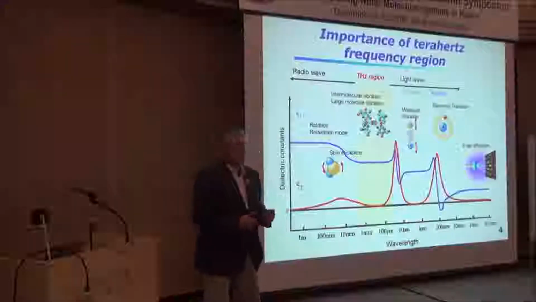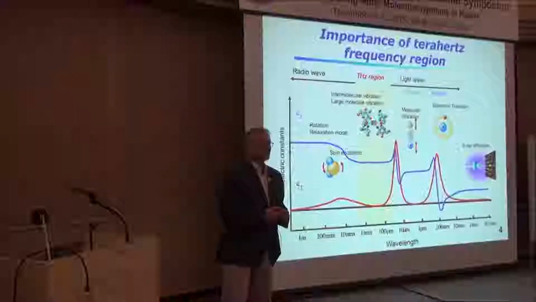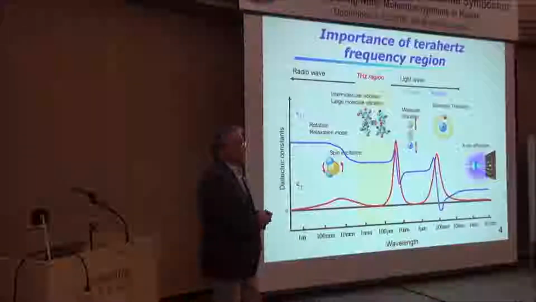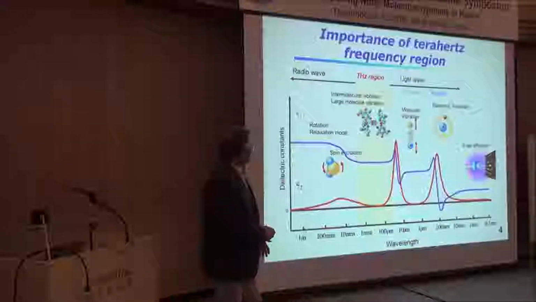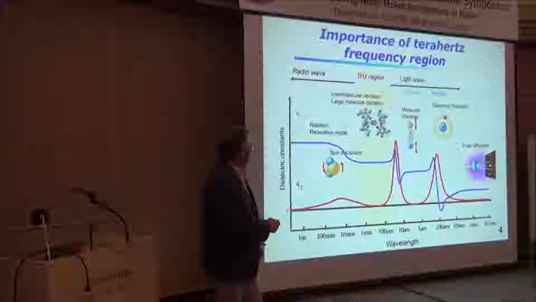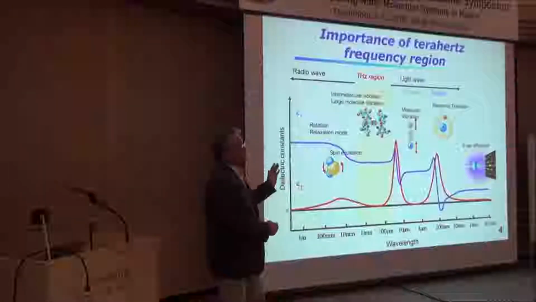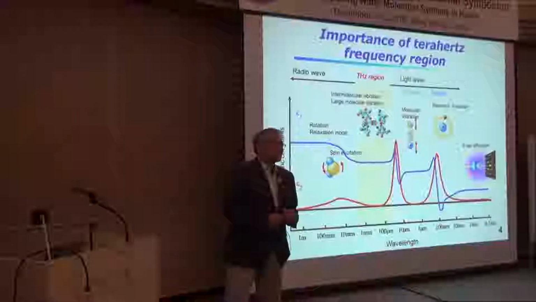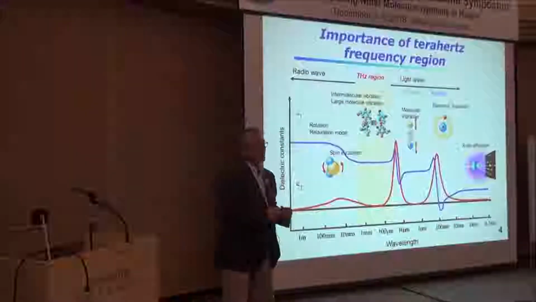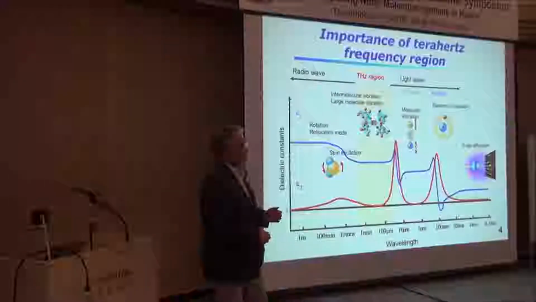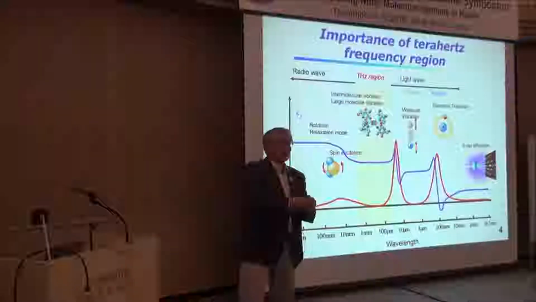This also describes the hydration effect and details about the cluster modes of water. Between these two regions, infrared and radio waves, we have the terahertz region. In this region, some macroscopic modes of water exist, and a large molecule has a large mass.